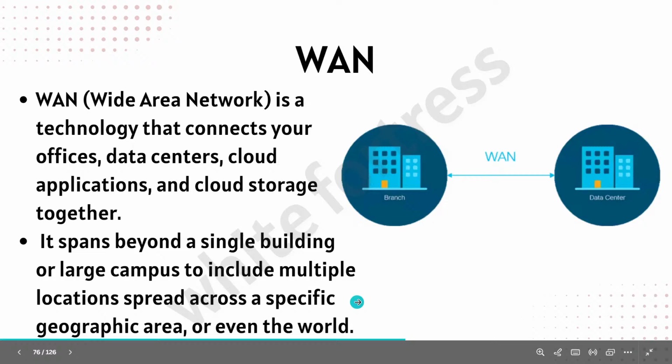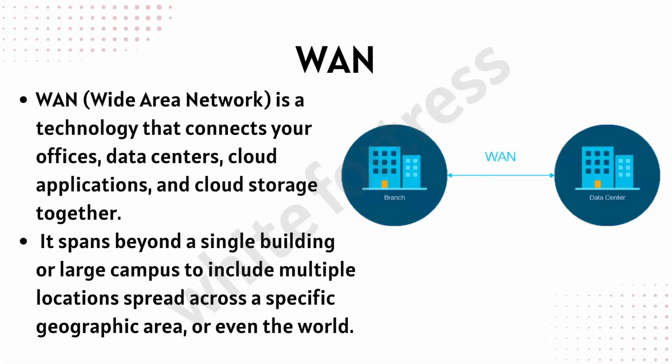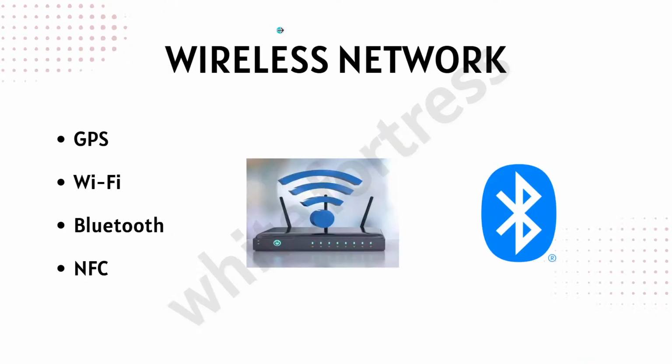For example, I am here at the office in Delhi, India, and I am accessing a data center. In data centers you usually have servers which store the data, videos and everything, and that data center might be in Singapore. So different geographical areas are connected like this with the help of WAN.